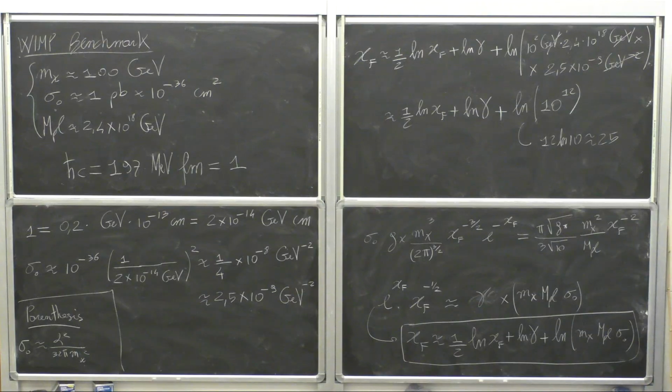So the freeze-out temperature depends very weakly, and by weakly I mean logarithmically, on the mass and on the cross section. So this 25 is quite robust if you don't move away from that benchmark. We will now compute the relic density, which will still depend very weakly on the mass, but will have a more prominent dependence on the cross section. But that's what we are about to do.